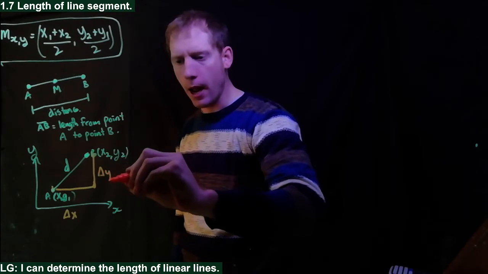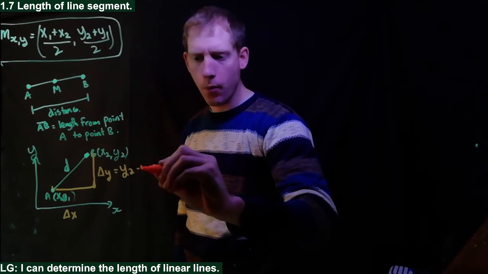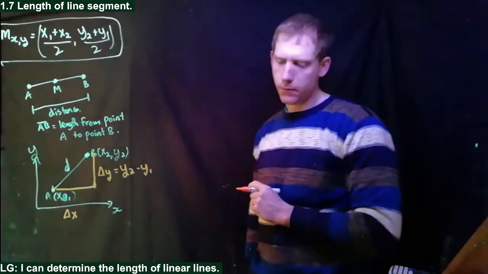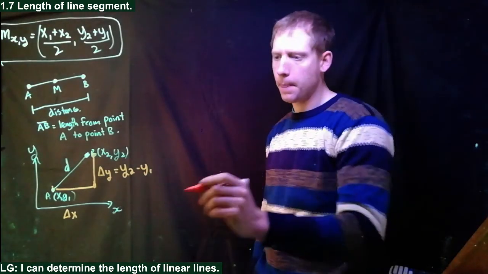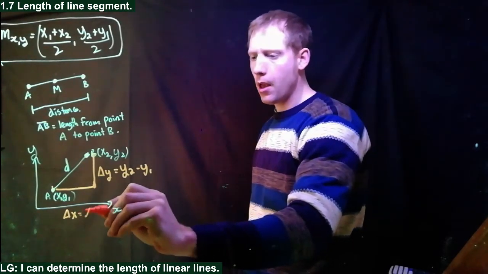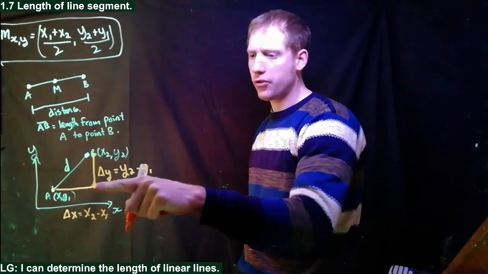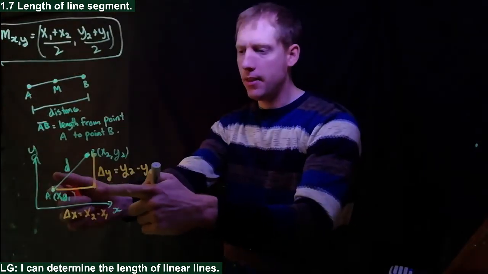You need to find delta y. Now, delta y is equal to the difference. It's equal to y2 minus y1. And delta x is equal to x2 minus x1. So I can find the length of this and this.